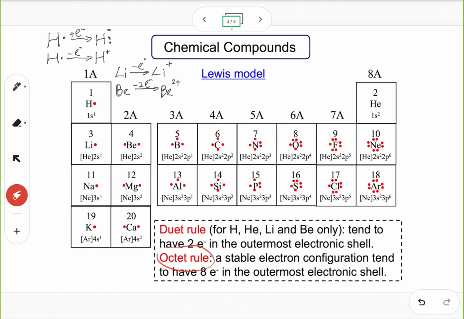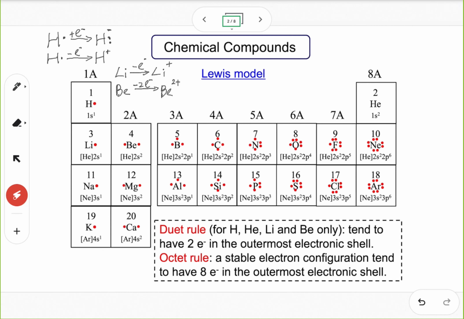Now the octet rule, similar to the duet rule, but this time it has a tendency to get 8 electrons in the outermost electronic shell. What do I mean by that? Let's use oxygen as one example. Oxygen has 6 electrons on the 2s and 2p orbitals. According to the octet rule, because it has only 6 valence electrons, it has a tendency to get 2 more electrons from other species. Don't need to care about where those 2 electrons come from.